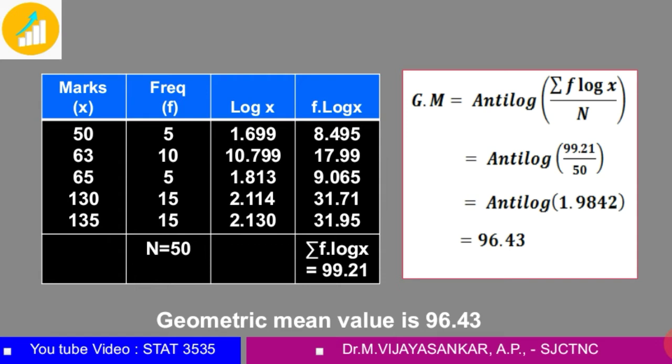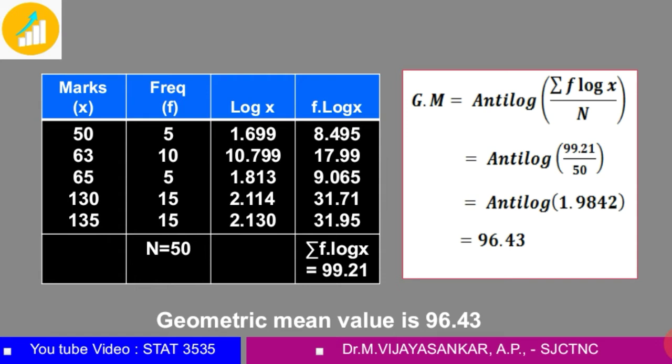Now, taking the logarithm of the given values of x: the log 50 we get 1.699. The log 63 is 1.799. Log 65 is 1.813. The log 130 is 2.114. The log 135 is 2.130. And then we multiply these log x values with the frequency.